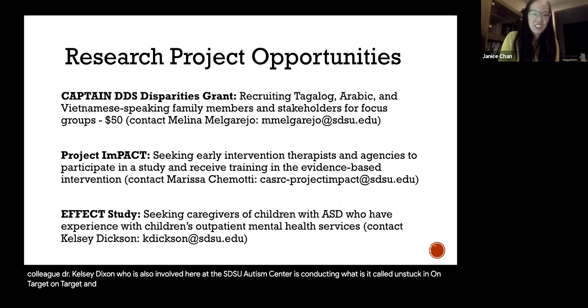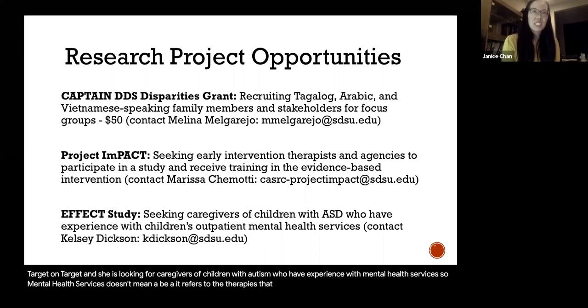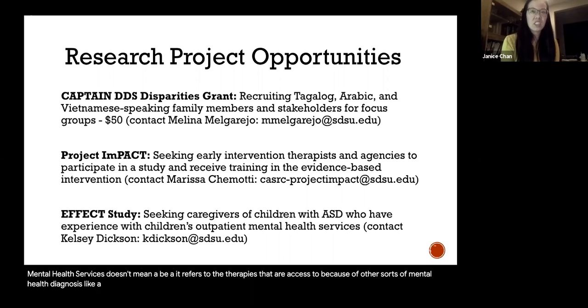And she is looking for caregivers of children with autism who have experience with mental health services. So mental health services doesn't mean ABA. It refers to the therapies that are accessed because of other sorts of mental health diagnoses like ADHD, anxiety, depression.